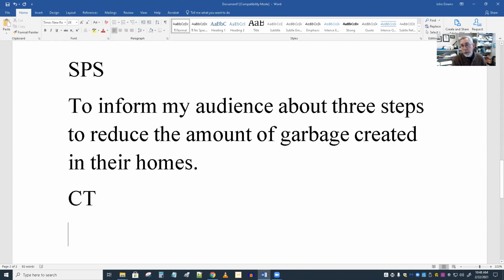Well, you have to make up the 3 steps. And when you're building those, that means you may very well have to do some research. And these are not exactly that well researched.